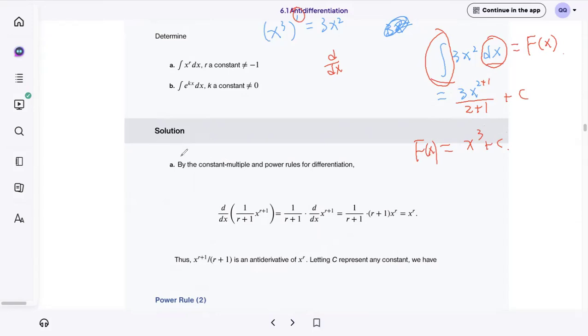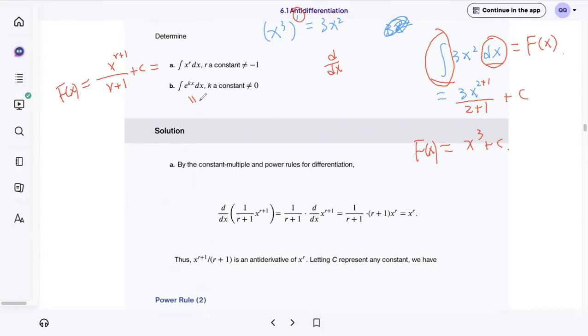Right? So that's why this, the first one, what are we going to do? We're going to add 1 to r, divided by r plus 1, then plus c. If we give a name, call this f of x. Right. The second one, we're going to do division.